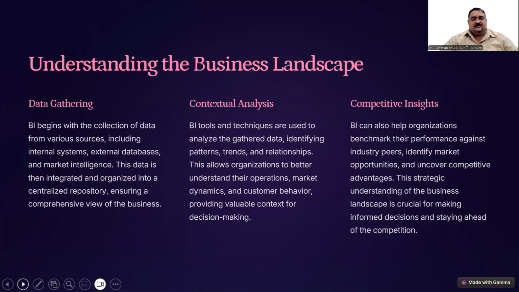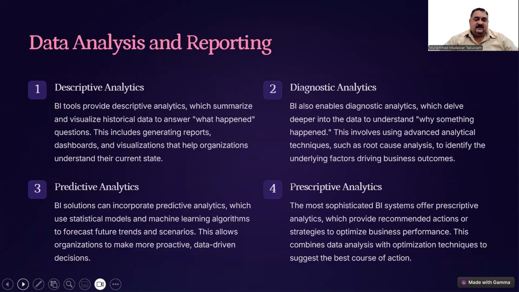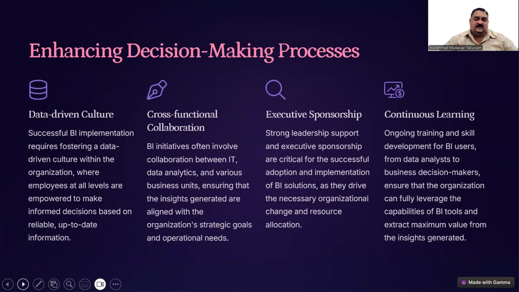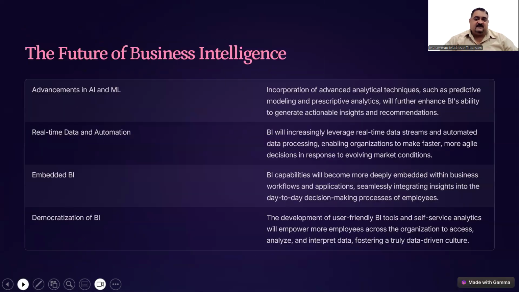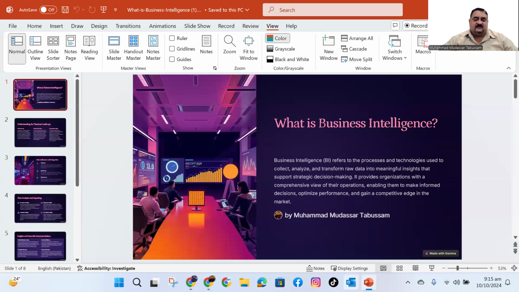See, it has automatically converted into parts: the headings, the bullet points, the paragraphs, the images, this design, the background, the layout, everything is done with one click. I have to do nothing. See the level of help you can get from artificial intelligence.